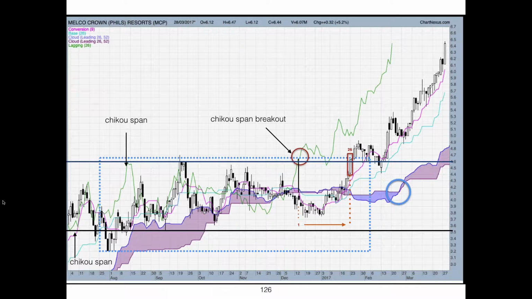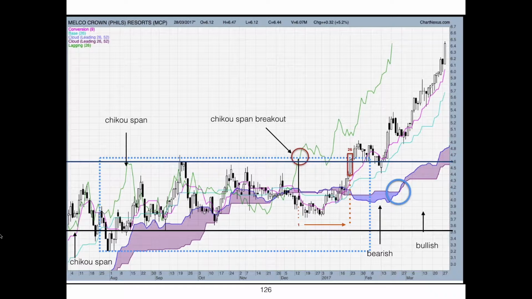Not only did the Chikou span tell you that the breakout will occur, the Kumo twist also tells you that the new trend is about to begin. Now let's go to the candlestick that corresponds to the Kumo twist. Now we have the bearish sentiment.